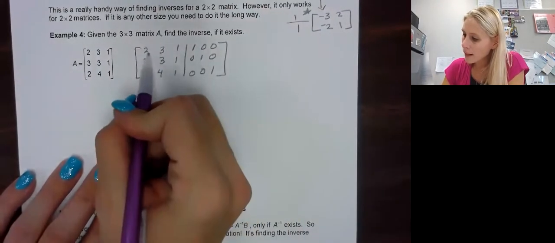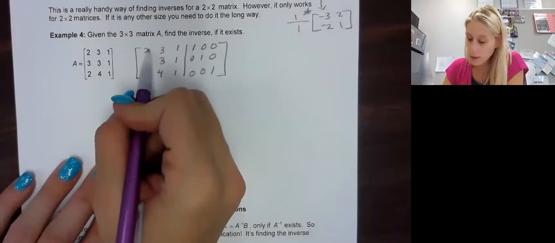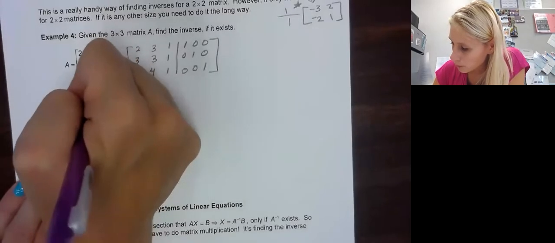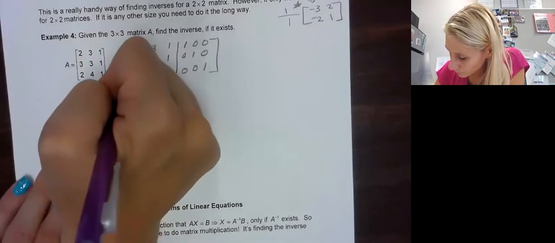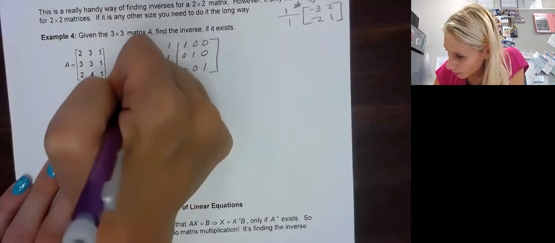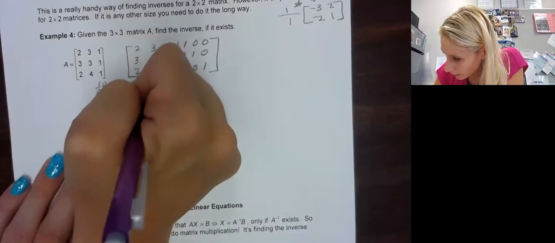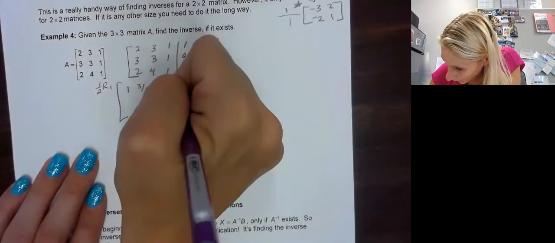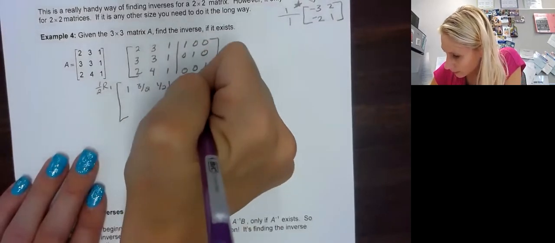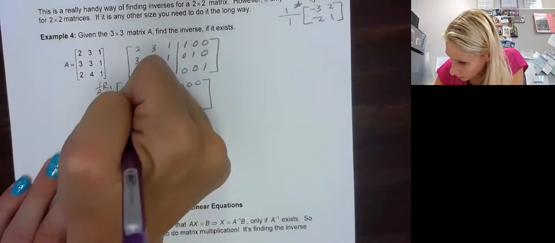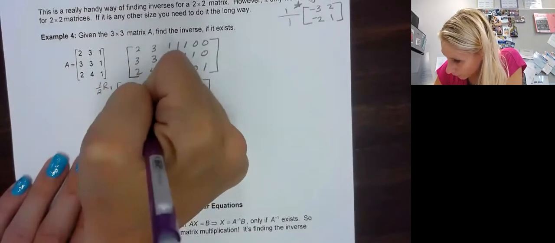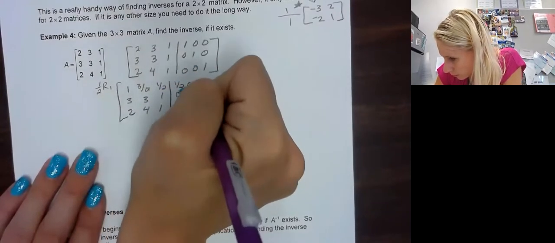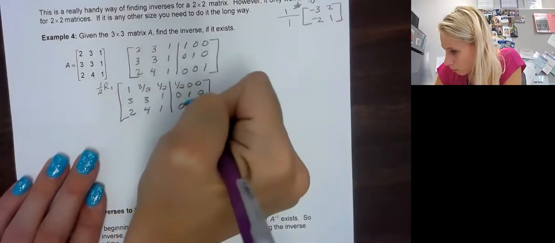Well, if I need 1 over here, one of the things I can do is take row 1 and multiply it by 1/2. So I get 1, 3/2, 1/2, 1/2, 0, 0, and fill the rest of these out, 3, 1, 0.